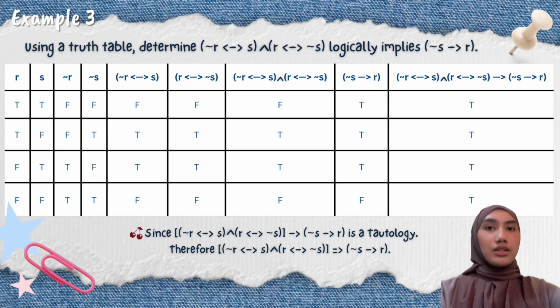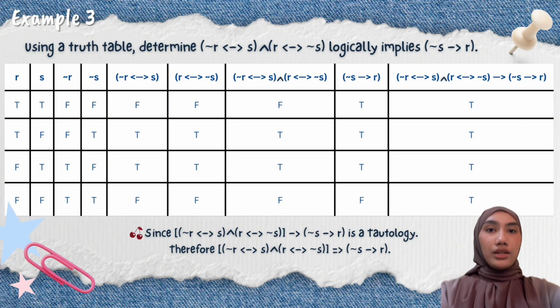For R, true, true, false, false, and for S, true, false, true, false. Next, we determine the values of not R and not S for each row, since both negations are used in the given statements. For not R, false, false, true, true, and for not S, false, true, false, true.